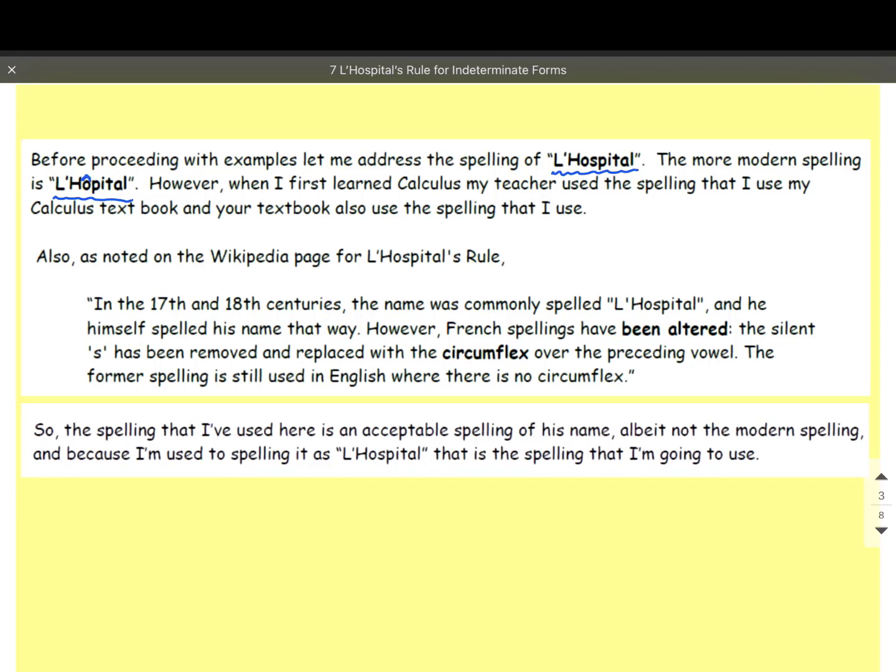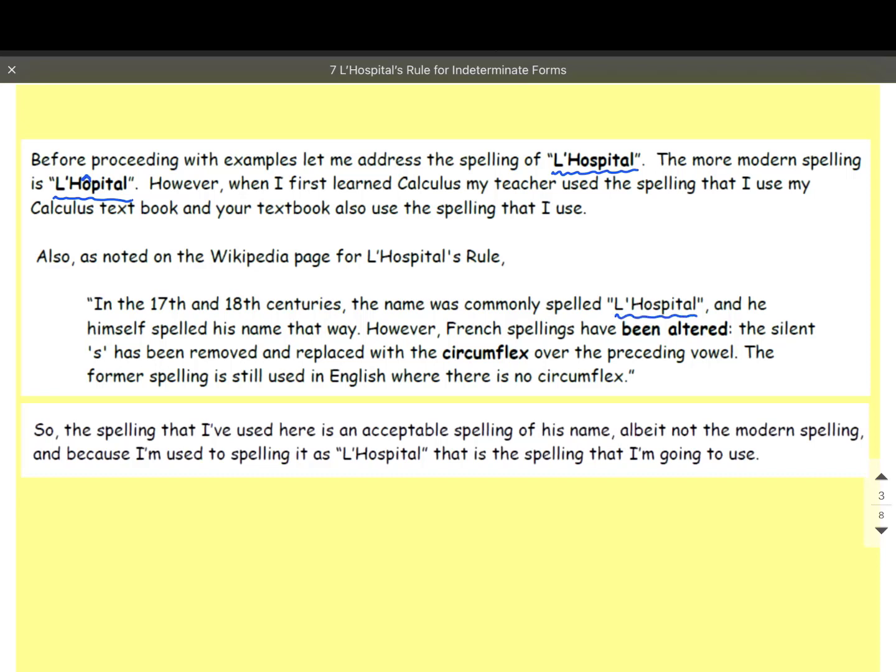And when I first learned calculus, my teacher used the spelling that was in my calculus textbook, which is the same spelling that I'm using. Now, if you look in even Wikipedia or anywhere else online, you can find that in the 17th and 18th centuries, the name was commonly spelled the way I spell it, L'Hopital.